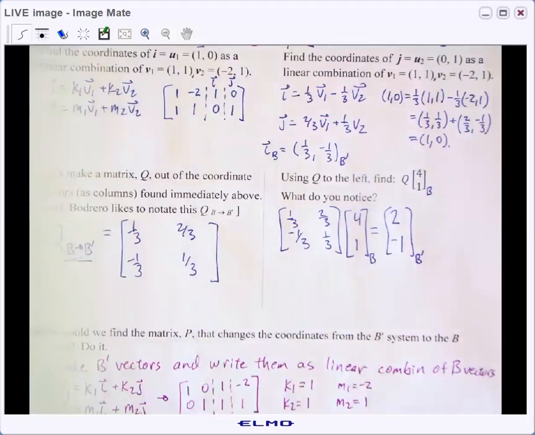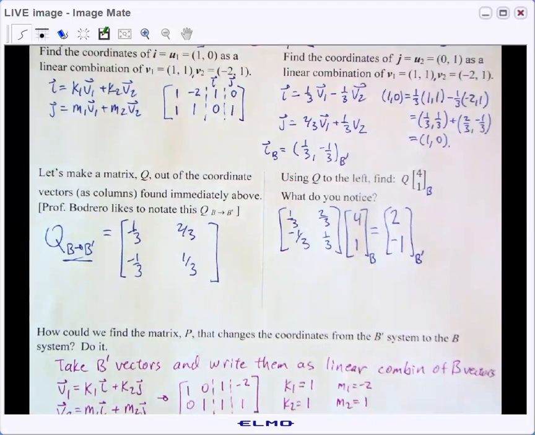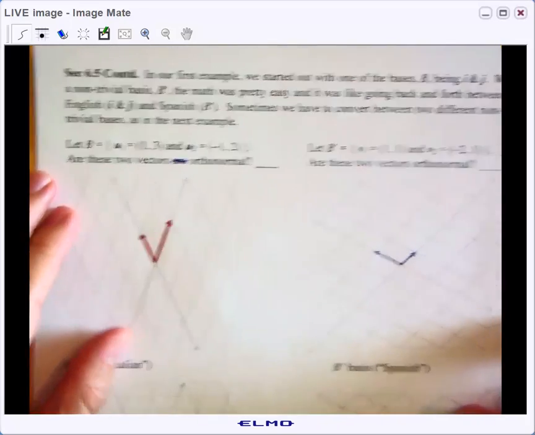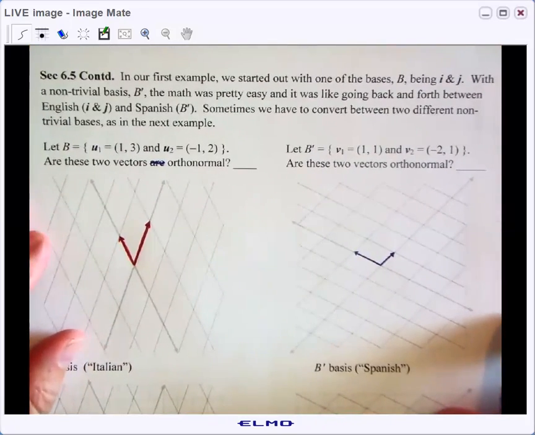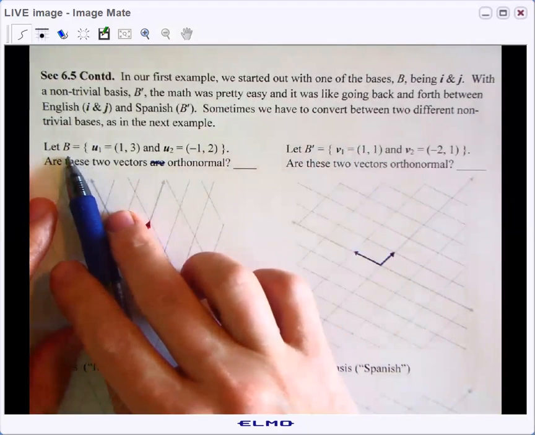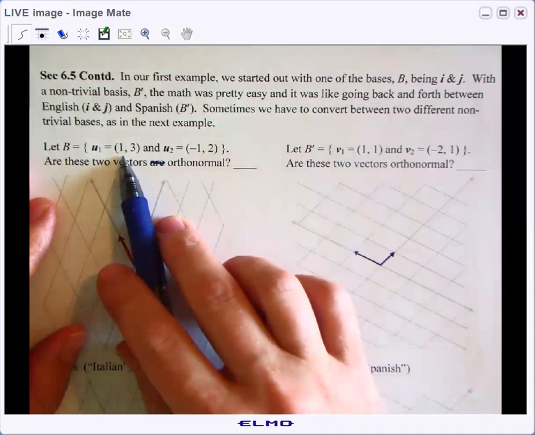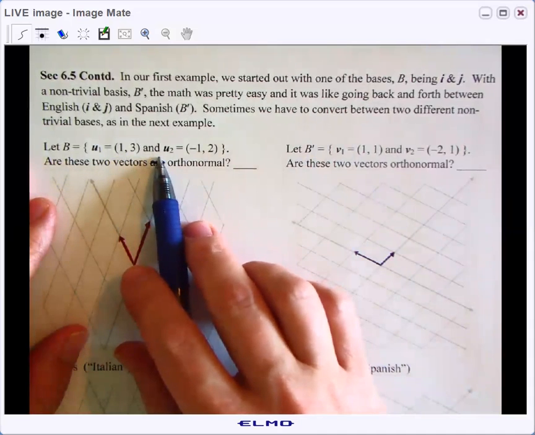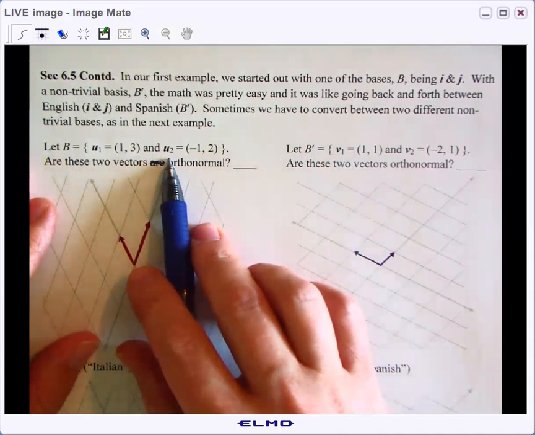Now, what happens if we have a situation where we need to convert between two non-standard bases? So let's suppose now that B is the vector 1, 3 and the vector -1, 2.